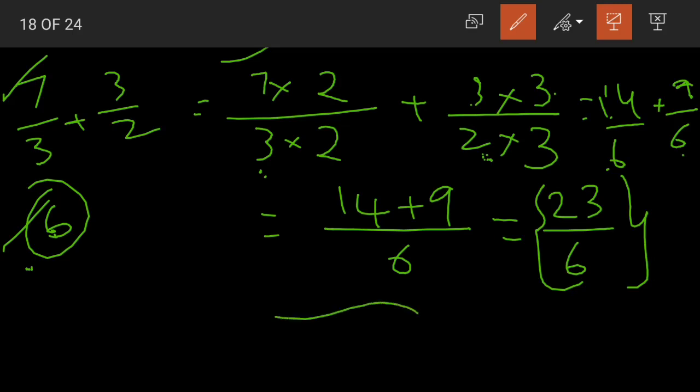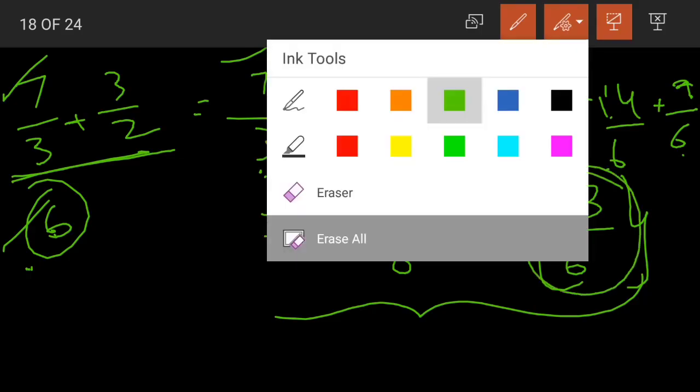Now this is one way of finding the sum. Again, as I said, it is a special case where both the denominators are prime numbers. You remember this answer, 23 by 6. Okay, 7 by 3 plus 3 by 2. The LCM is 6.